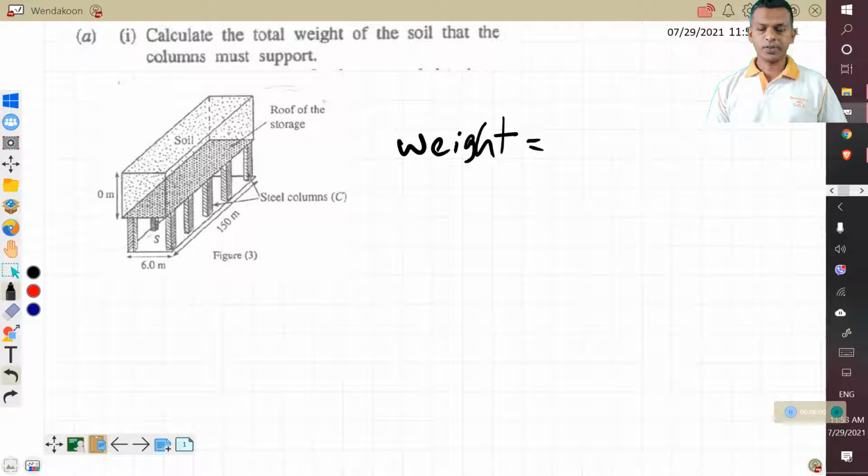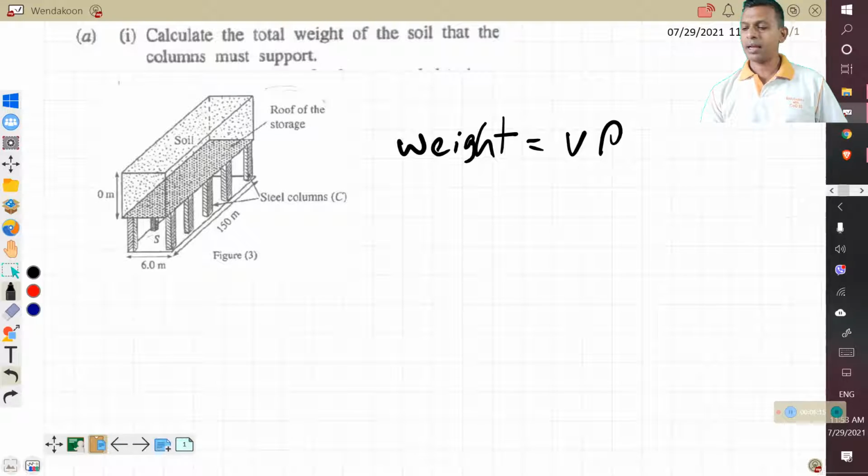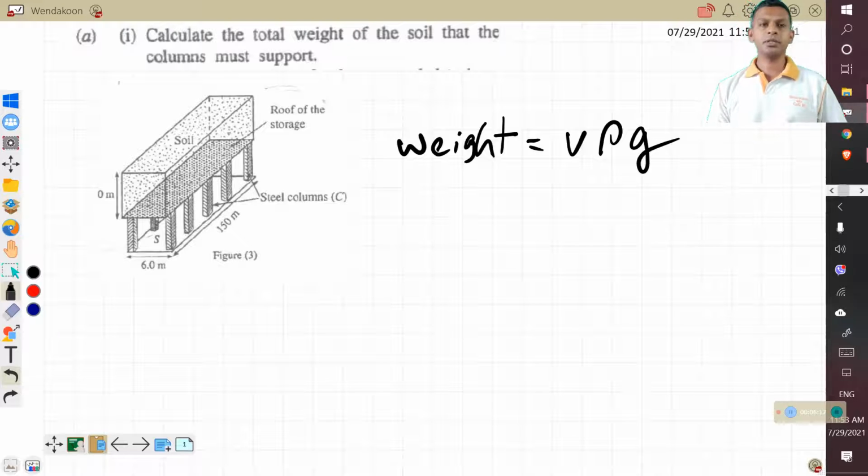This is a very easy question, because all you have to do is to find the volume of soil and its density, and multiply it by g. Then V rho g gives you the weight of the soil, right? All the dimensions required for this calculation are given in the figure here.